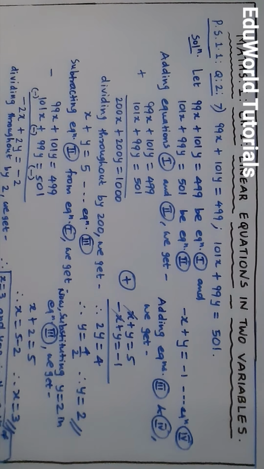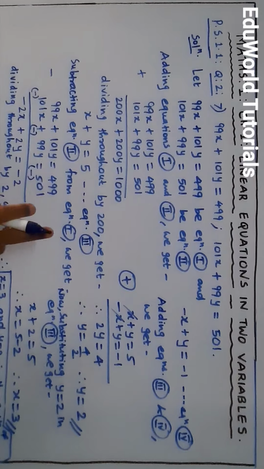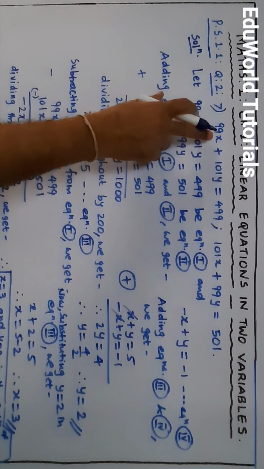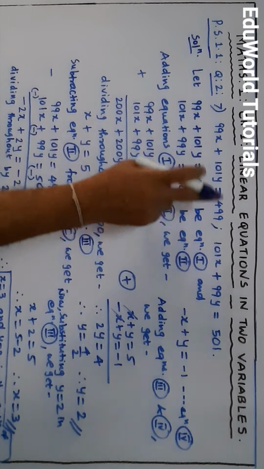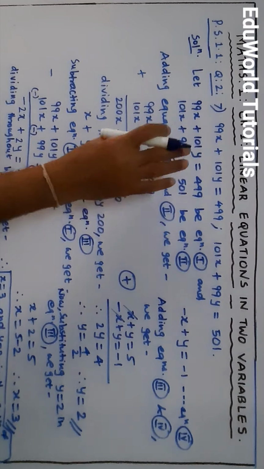This is our answer. So this is a special type of linear equations in two variables where we see that coefficients of the two variables x and y, or any two variables used in the equations, are interchanged.